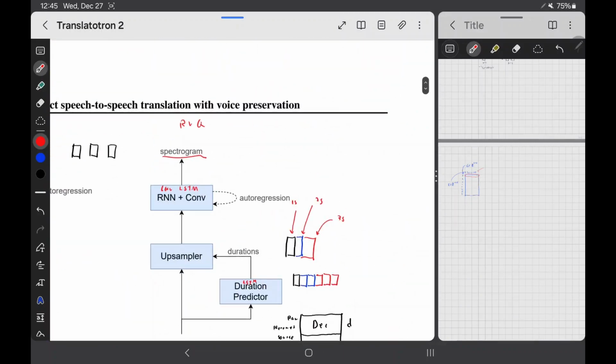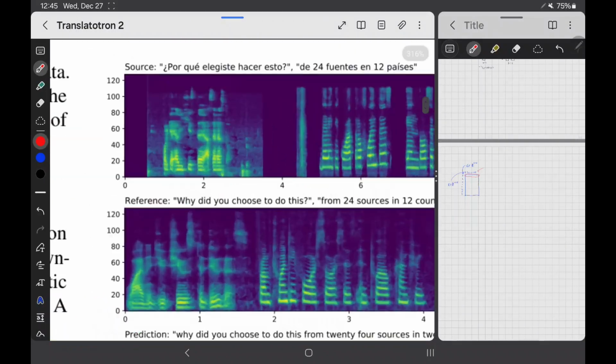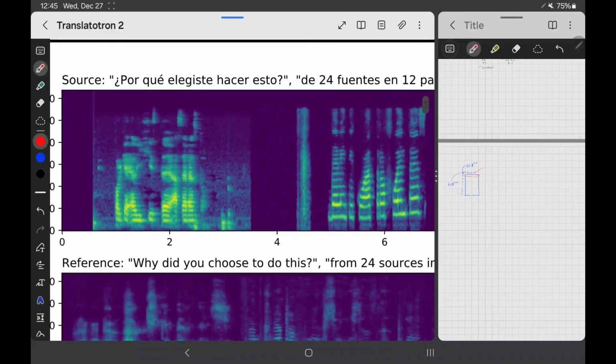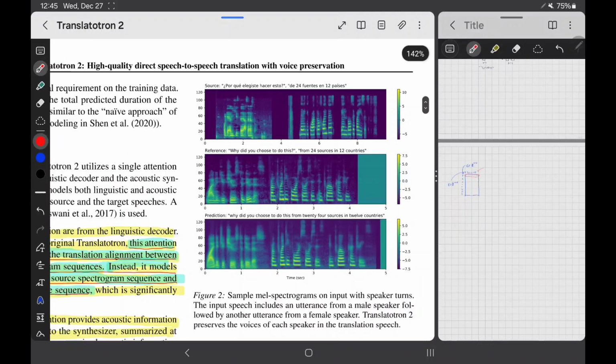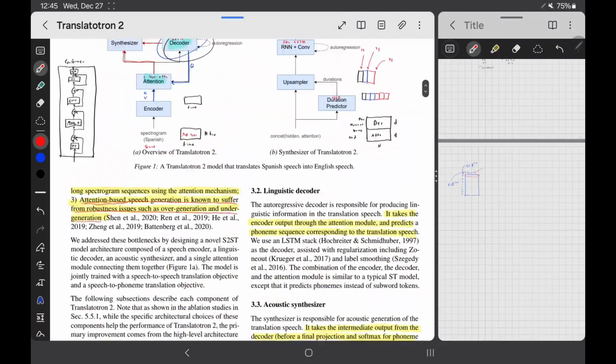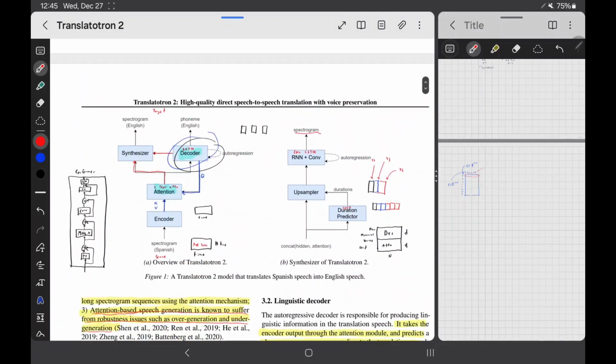Anyways, they model this as a regression task, so it outputs each part of the spectrogram. So it outputs this first part here, and the next part, it's kind of like you just output each part, and then you have your output speech. So yeah, that is the Translatotron 2.